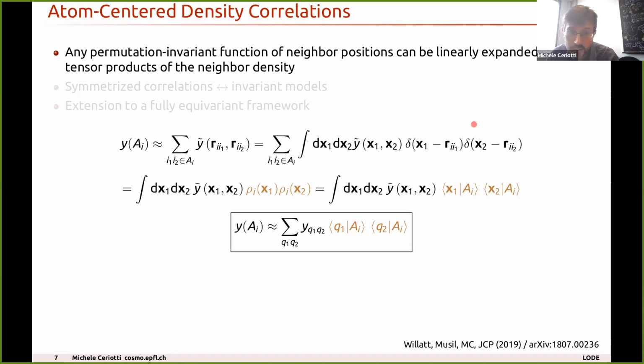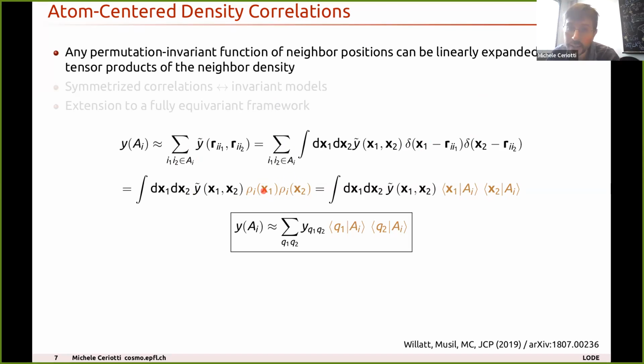And the reason why this is useful is that rather than having to sum over pairs of neighbors, now we can describe these in terms of neighbor densities, rho_i. This is the density of neighbors around atom i, and we just need to take tensor products of this density.